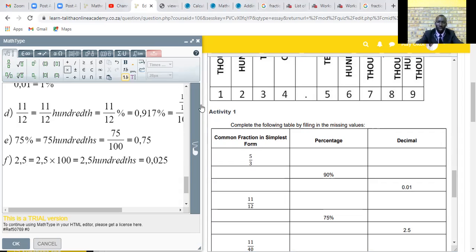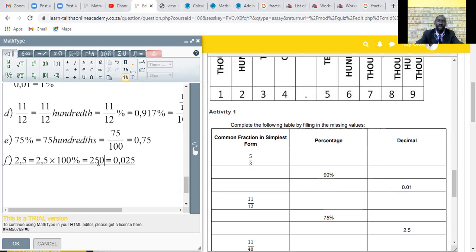Because notice, if we are moving from common fraction to percentage, we divide by 100. The value can also be written as a decimal, but this time we are moving in the other direction. That means we have to multiply by 100. When we multiply by 100, in percentage it will be 250. 250 what?